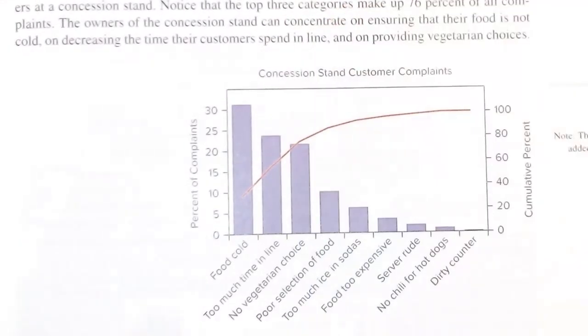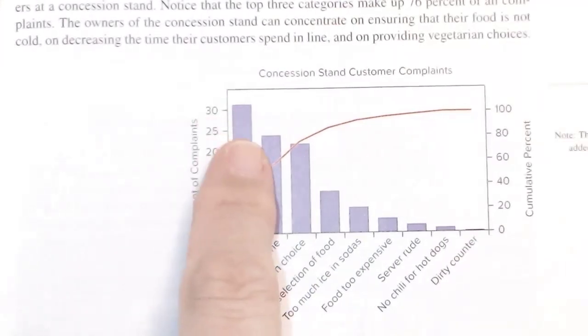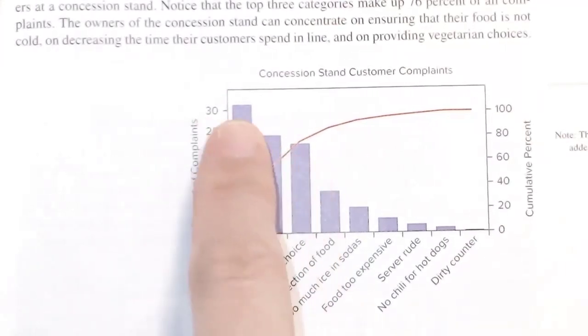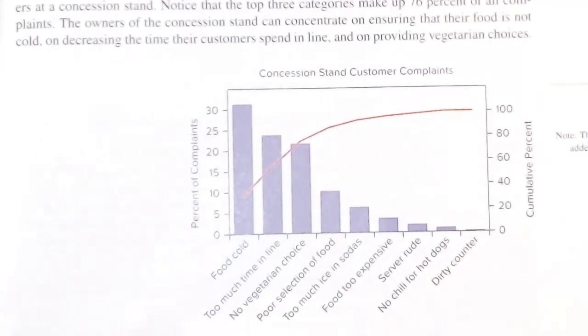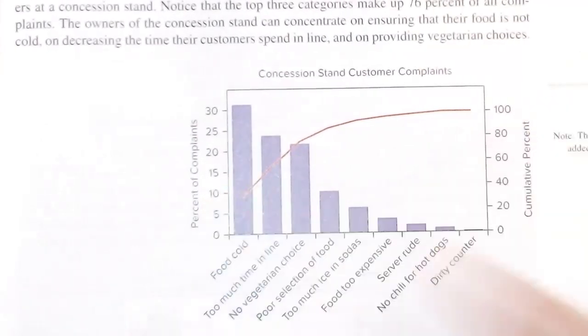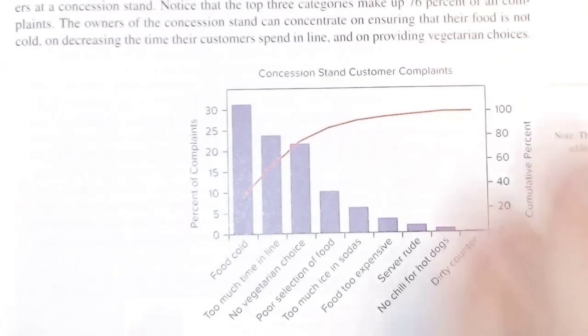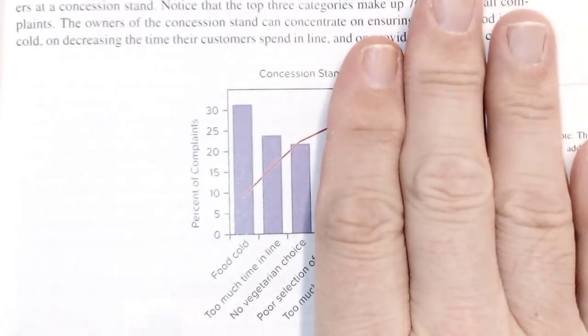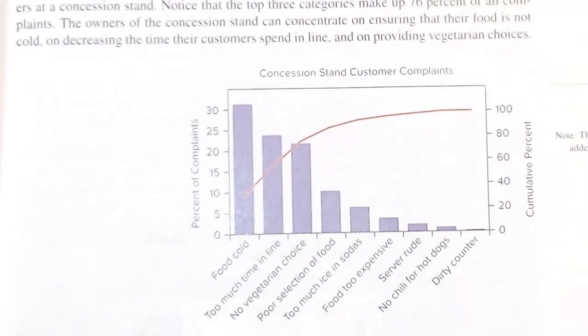I've identified them, and I can even go forward and measure and count how much these numbers are. It turns out if you add up these three bars, you get 76%. 76% of all of my complaints fall into those first three categories. So if I address those, I'm addressing more than 3/4 of the people who've complained. That's a good investment on my part.